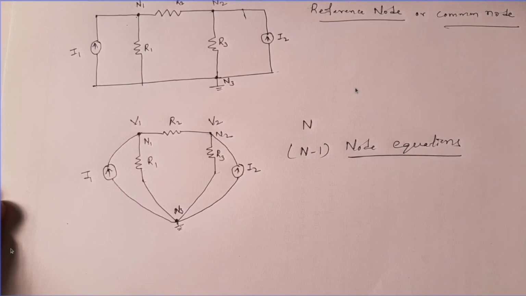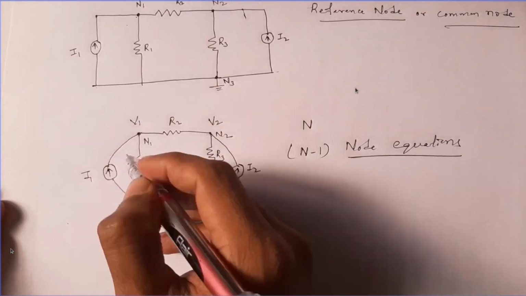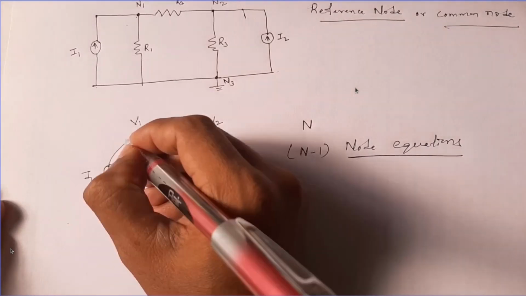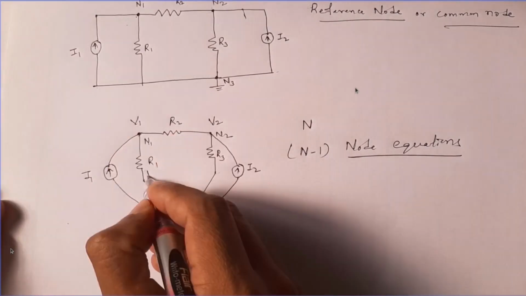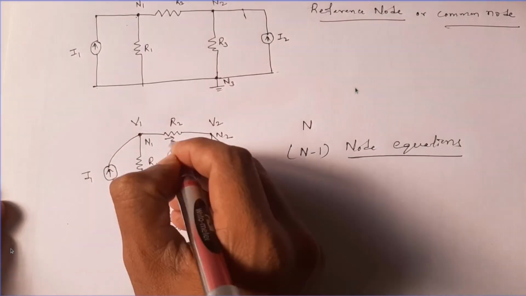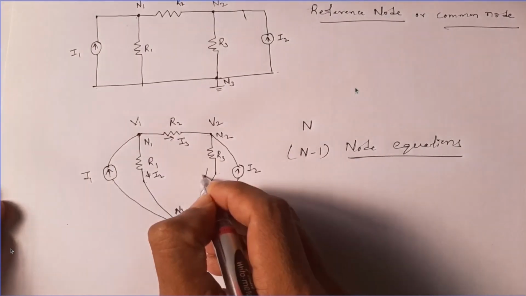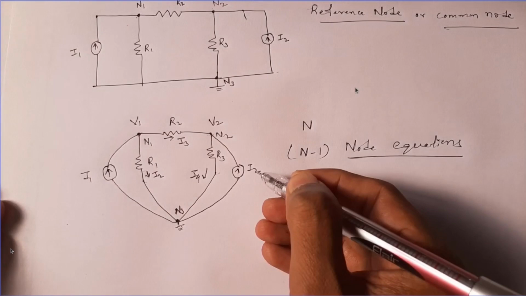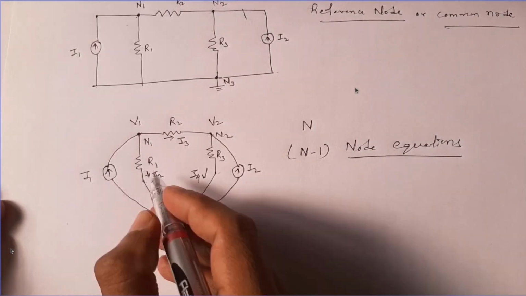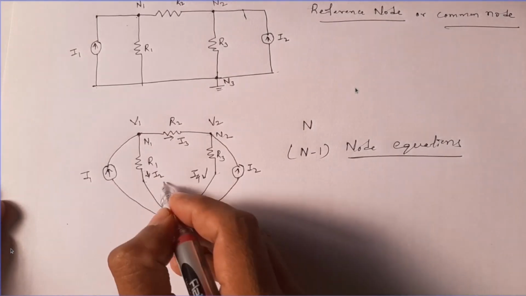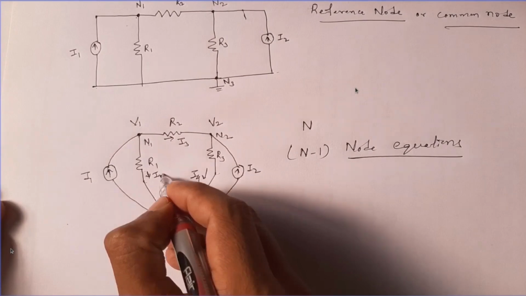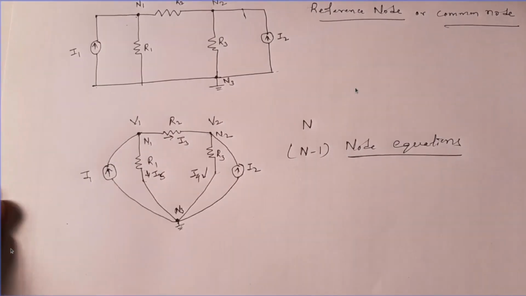Say we'll consider some branch currents. Here already I1 is there. Here I'll consider some I2, here I3, here I4. Let me consider this as I5.